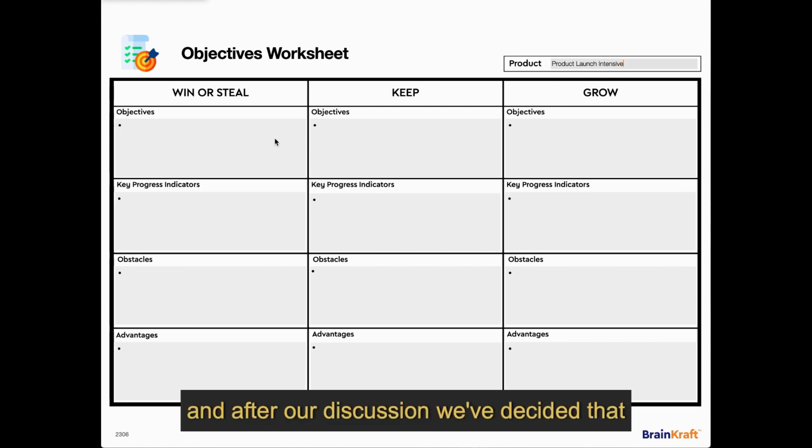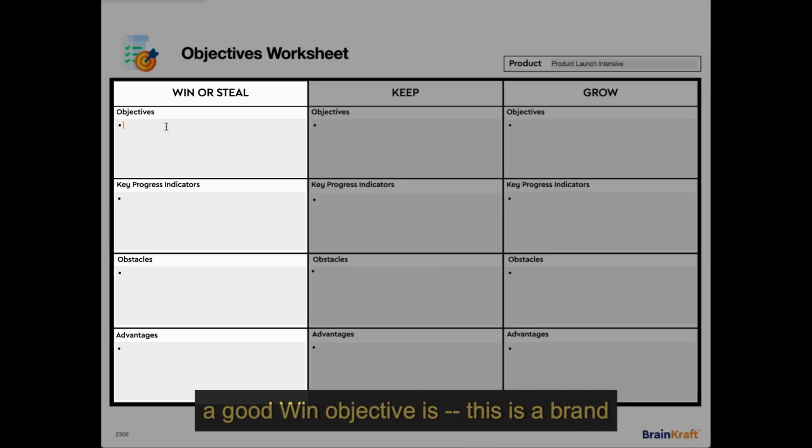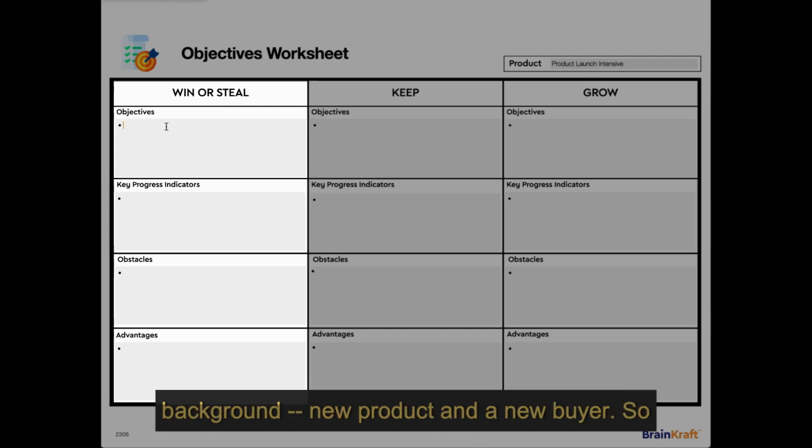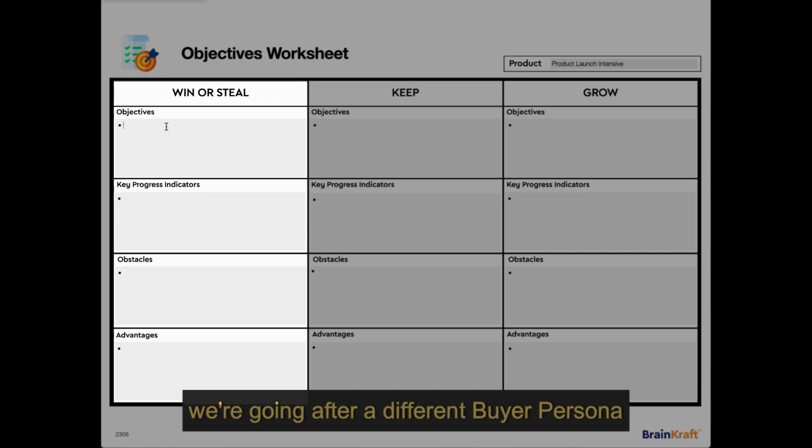And this is a brand new product for us, right? So another background, new product, and a new buyer. So we're going after a different buyer persona than our sales team is typically familiar with.